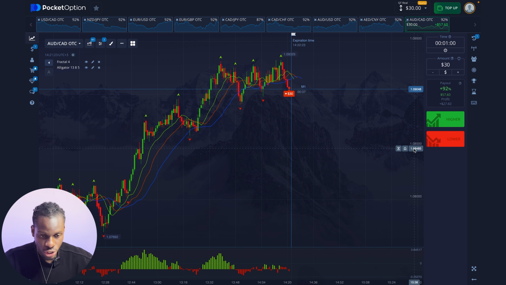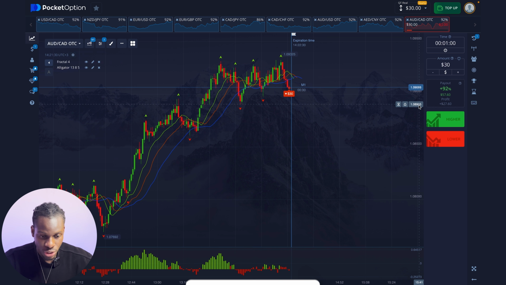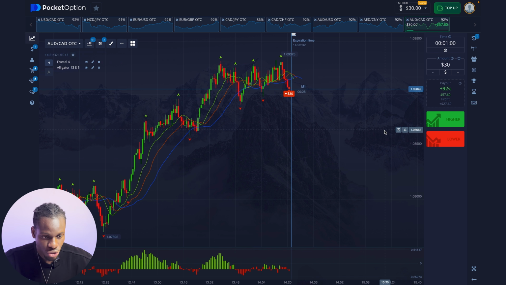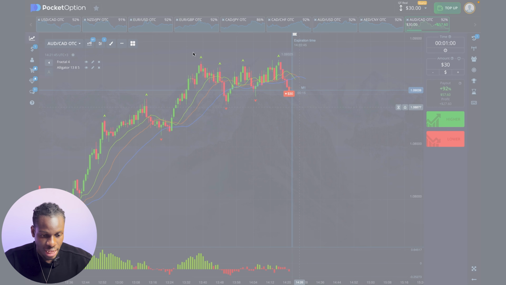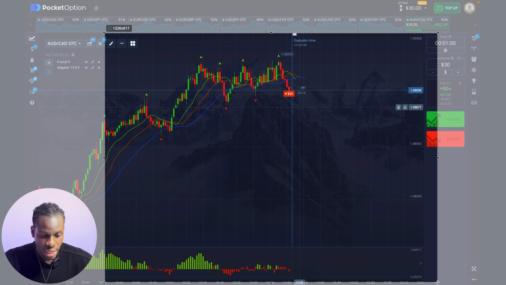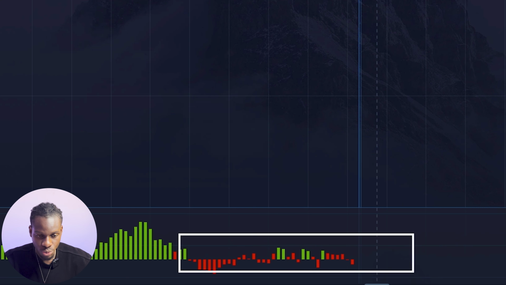Okay guys, so we just saw our first trade, and here we are actually trading against the trend. And that's actually a very, very interesting topic. How do we trade against the trend? So first of all, in this situation, we can see that there are some flat movement dynamics that are taking place right now, which is already indicating that there is a possible trend reversal. And now we can also see that the volume indicator is also showing a shift in color and direction, which is also confirming a reversal in the trend.